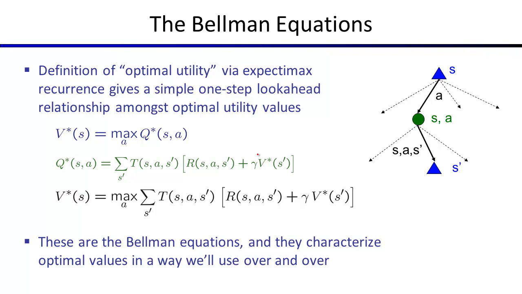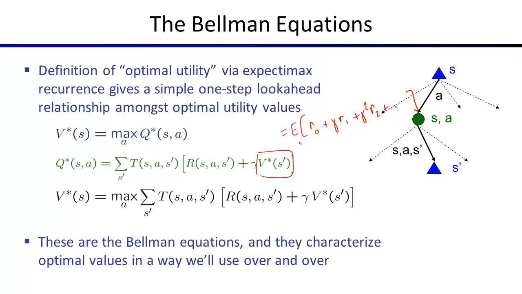V star of S prime is equal to an average, so an expected value, of the reward you'd get right away, let's say R0, new notation, plus then gamma times R1 plus gamma squared R2, and so forth, till infinity, assuming you act according to the optimal policy, starting in state S prime.